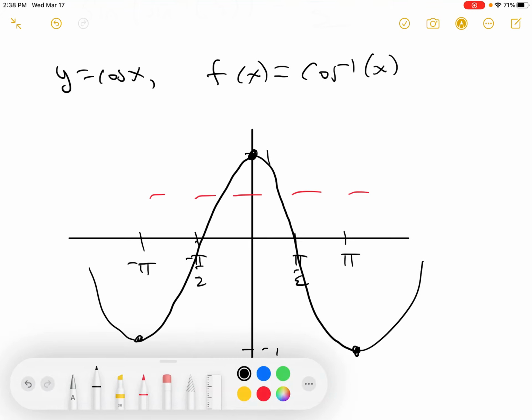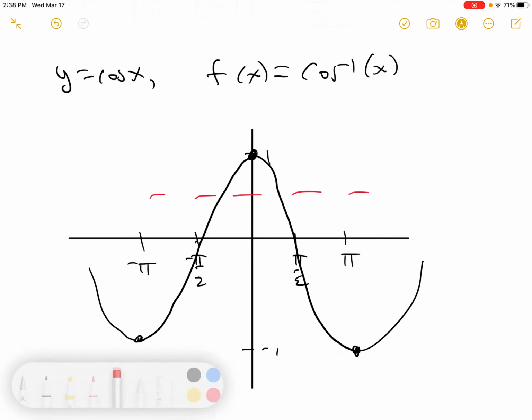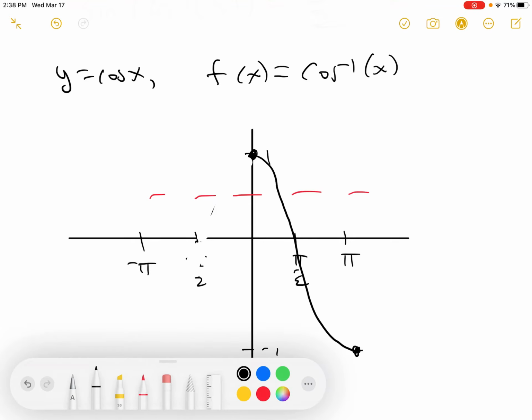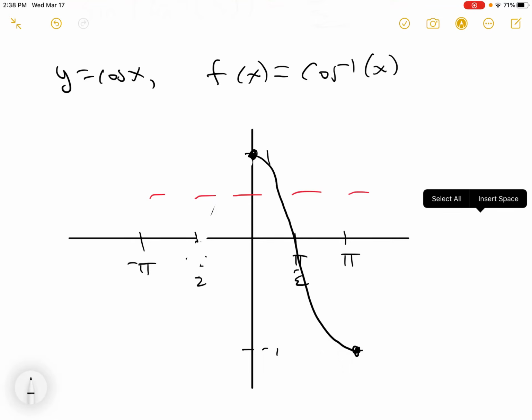And so we want to restrict the domain, and we want the range to follow minus 1 to 1. So we pick the closest range that's nearest to the origin, and let that be our restricted domain. So for cosine, this thing is 1 to 1 on 0 to pi.